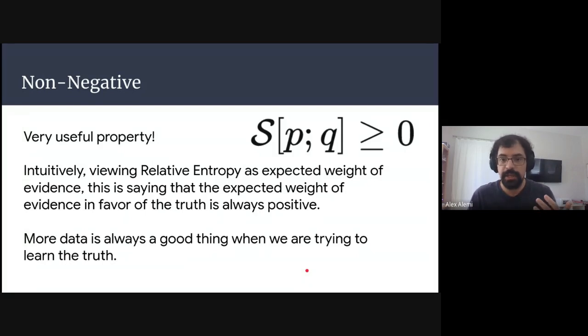If it wasn't positive, that wouldn't be the case. You could draw data from the distribution and move away from it being the thing that you prefer. Relative entropy doesn't have that property. In your change of beliefs, if I go from any distribution to any other distribution, it should be some change, and zero change we would like to correspond to no change.